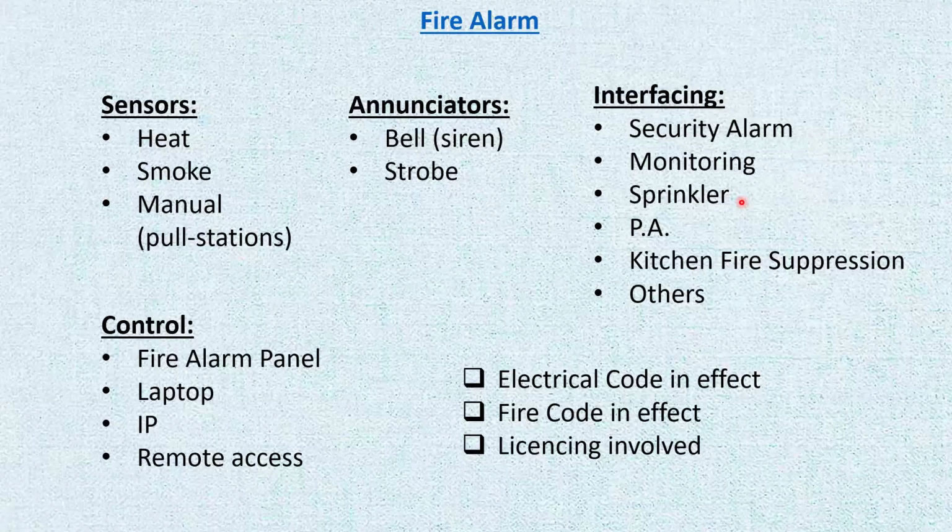And when it comes to the inside of buildings, where there's normal room temperature and no hazard of the water freezing, then of course wet systems can be installed, which means water is present in those pipes continuously, and when something gets triggered, the water comes out right away. When a dry system gets triggered, it's going to take a few seconds for the water to start coming out. Now, interfacing: PA system, kitchen fire suppression.